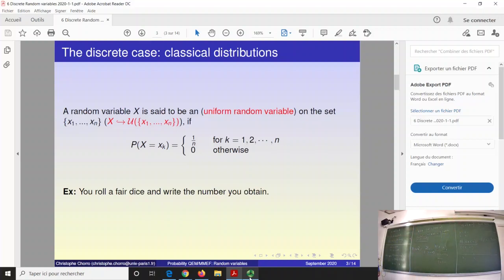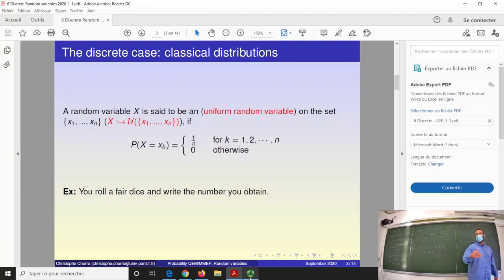So, a random variable, capital X, is said to be a uniform random variable on the set x1, x2, ..., xn. So here I am in a situation where I take only n different values. And what is it to be uniform in this situation? Just to say that the probability for capital X to take the value xk is equal to what?